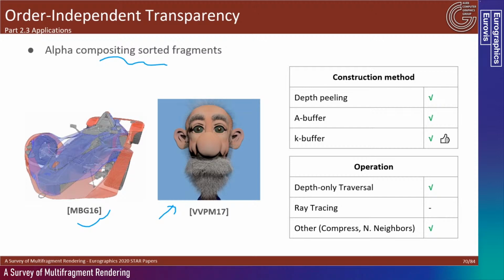In this category, actually, all types of MFR data structures have been researched extensively. However, we recommend that using a K-buffer is the optimal choice, since the transmittance along the depth axis rapidly attenuates and can be compactly represented using only a few layers.